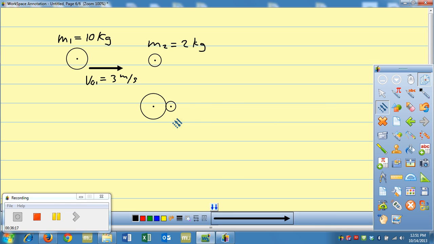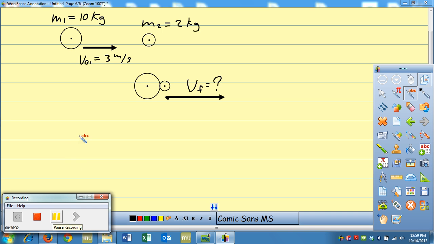Okay, and the question is, V final equals question mark. So why don't you go ahead and pause it and try that problem yourself. Okay, I'm back. I'm going to give this a try. So basically what we know here is, all we know is that the change in momentum equals 0.